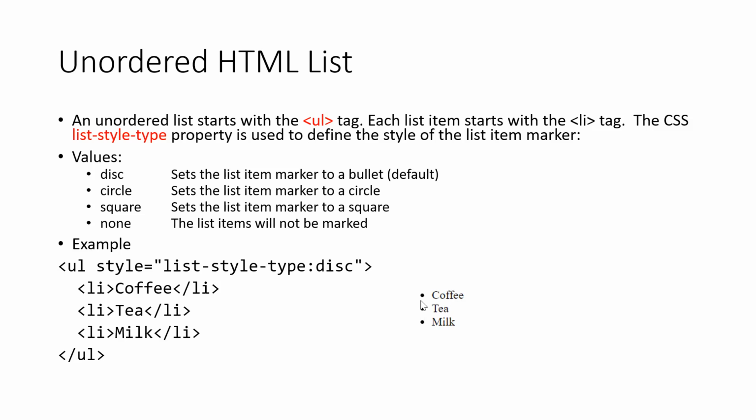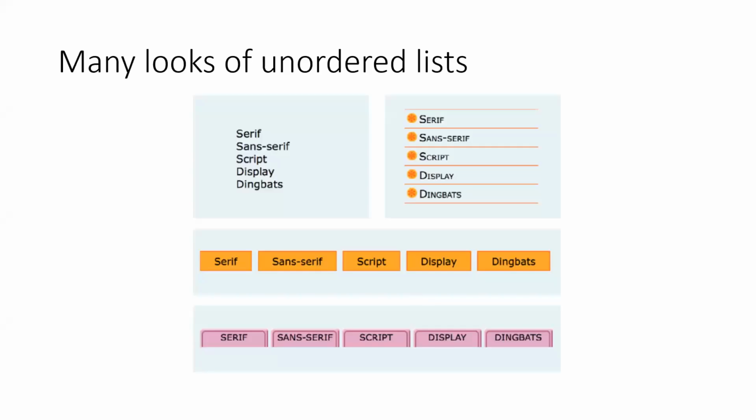There's no specific order. The symbol can be changed by using the list-style-type property, and then we provide different values. Depending on the value, you can change this symbol. But interestingly, later in the course, we will see this unordered list can be used for other things.